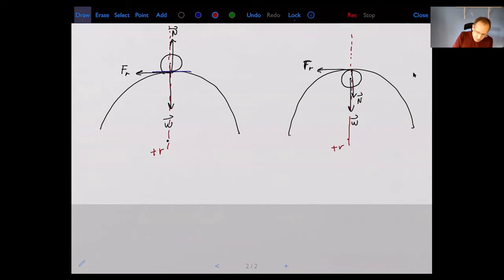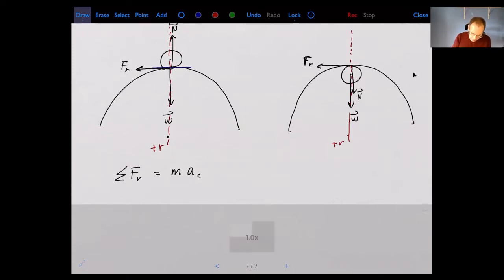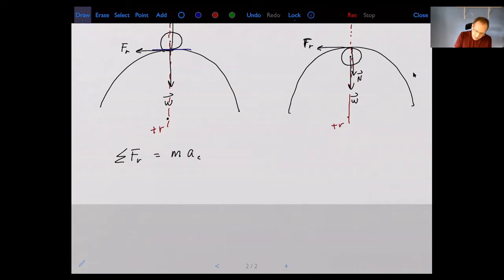Okay, so now we're going to apply Newton's second law. We're going to look at the sum of the forces in the radial direction, and that's got to equal the mass times the acceleration, but in this case it's the centripetal acceleration. So in the roller coaster track, I have W acting down.